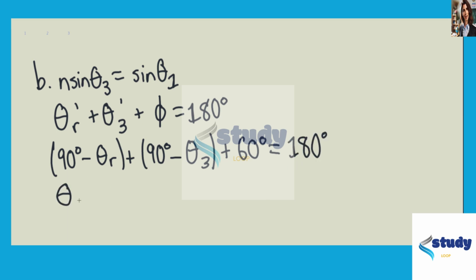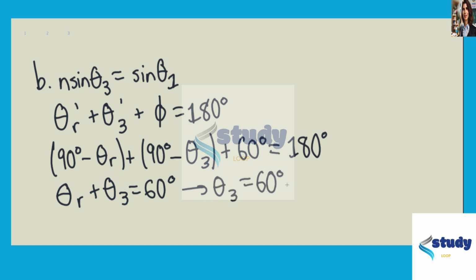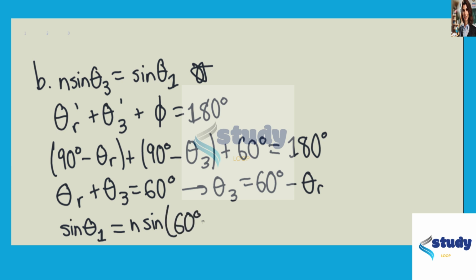So this means that theta sub R plus theta sub 3 should equal 60 degrees. And we have that theta sub 3 is equaling 60 degrees minus theta sub R. And so with this equation, we can now substitute and say that sine of theta sub 1 equals n sine of 60 degrees minus theta sub R.